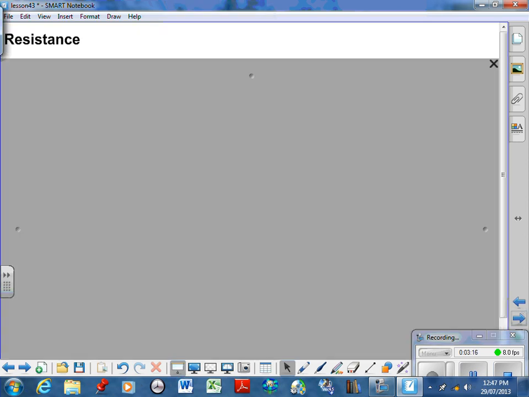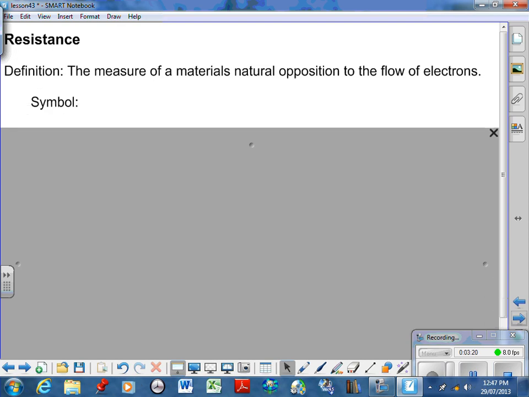So let's talk about resistance. Some of you might remember back to your grade 9 or 10 science course where I'm heading with this, but resistance. That's the measure of a material's natural opposition to the flow of electrons. So we're talking about a conductor, and we can put a numeric value to its resistance. So with resistance, we always use capital R in our formulas or equations.